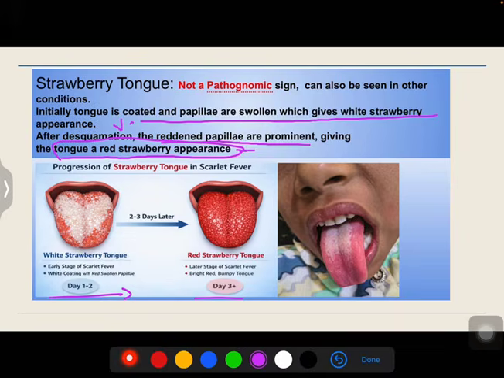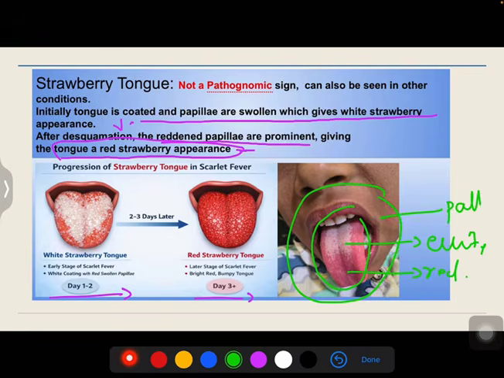So here in our patient, child came to us on the 4th or 5th day of illness, so desquamation has already started. So both white posteriorly and red strawberry tongue is seen. Okay, if you notice here, there is a circumoral pallor, as rash mainly involves cheek and spares perioral area.